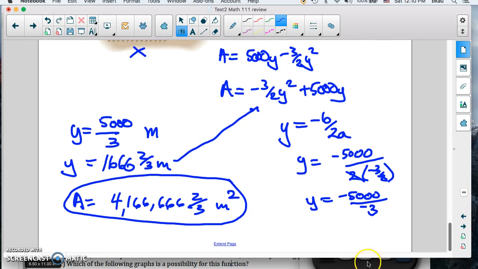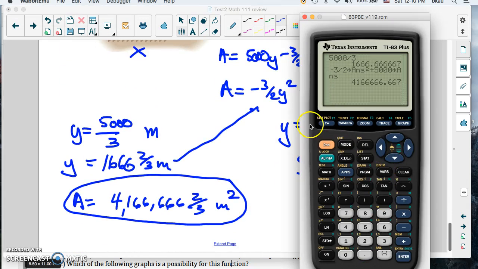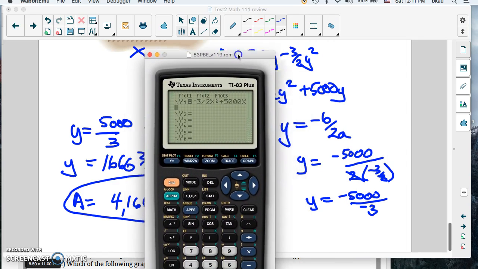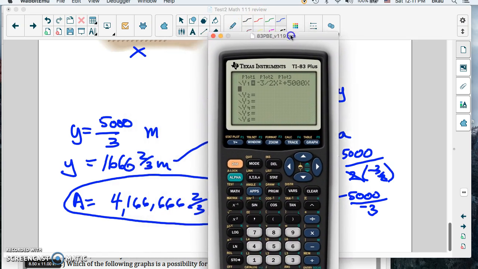And we can verify using the graphing calculator if we wanted to graph it and figure out if that's the maximum area. We could set this up the same way, just plot it here. Once we have the thing, we could just put in the equation which is this, and we could graph it and figure out if that's the same equation or the same maximum point.